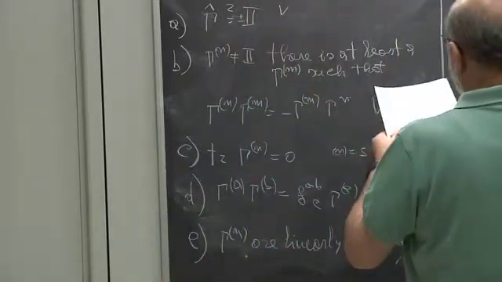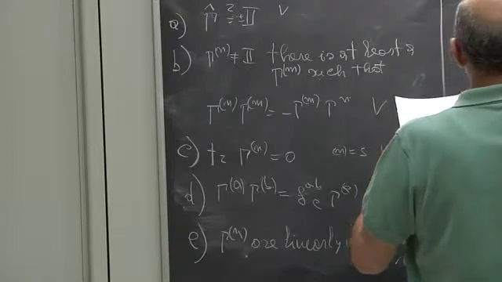Gamma A, let's take gamma mu, and for gamma B, let's take gamma nu.